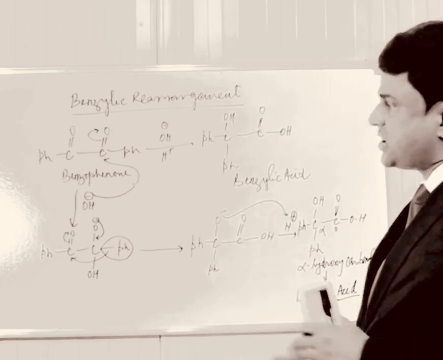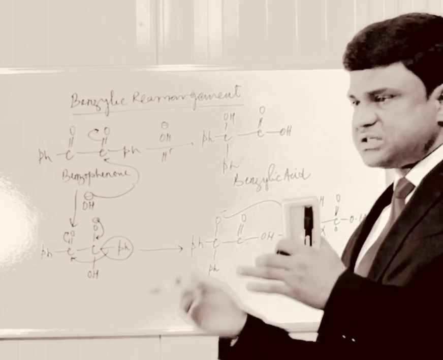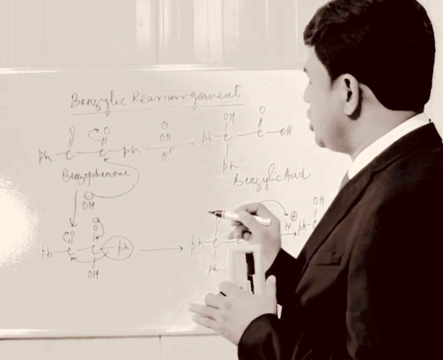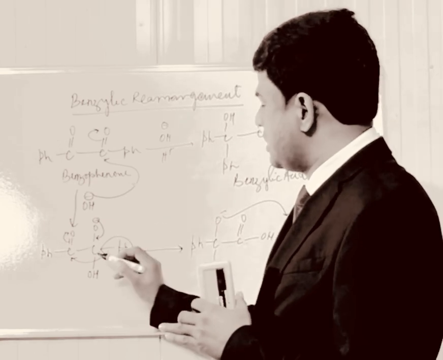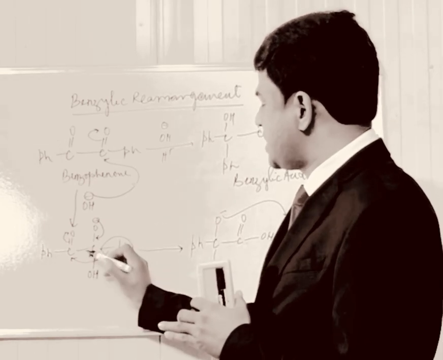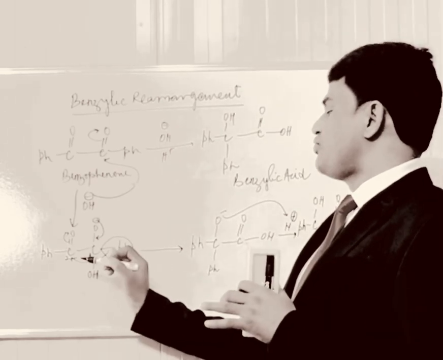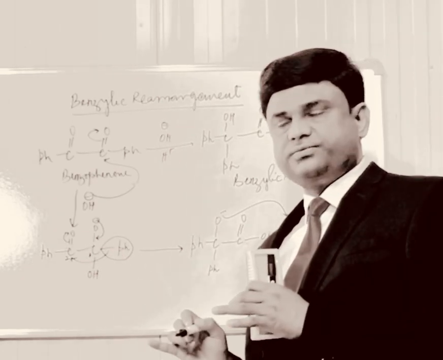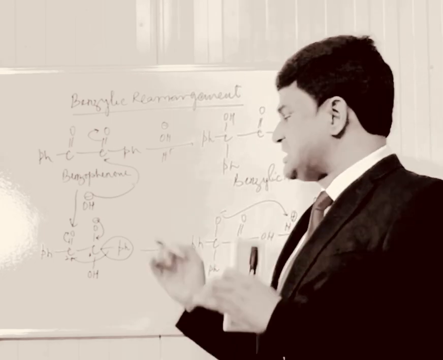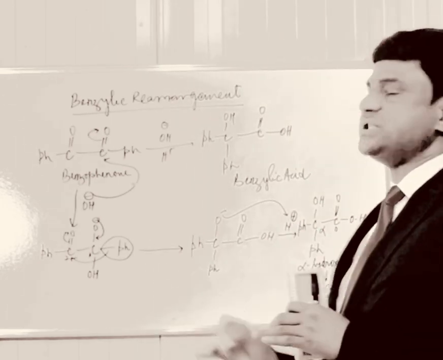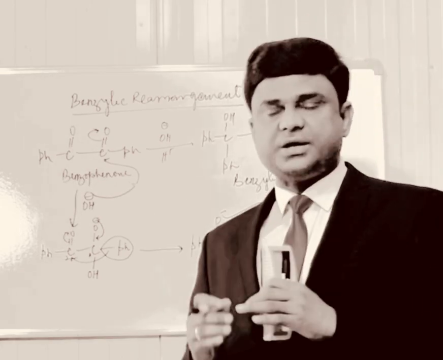Therefore this rearrangement is a very good example of 1,2 shifting. Here if the carbons are taken as 1 and 2, this product is formed by a 1,2 phenyl shift in this compound, and the formation of this benzilic acid by the rearrangement reaction.